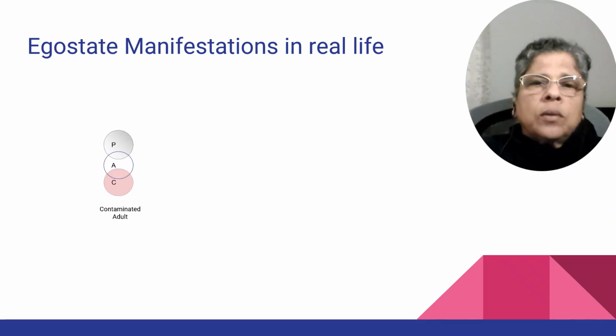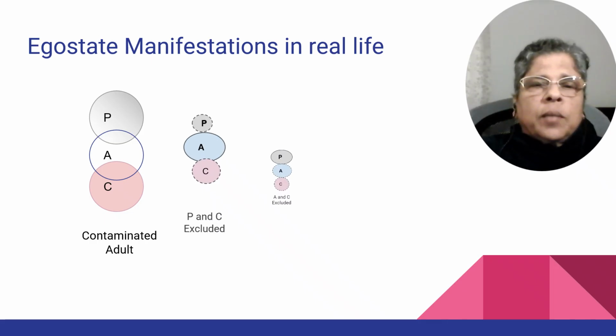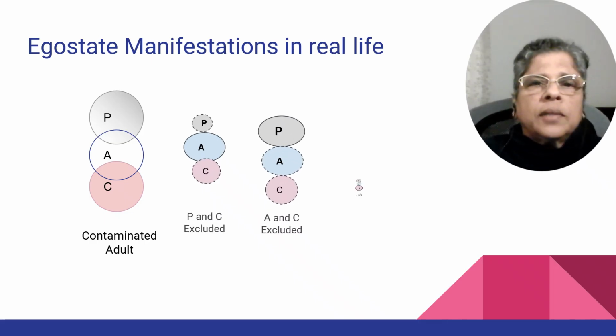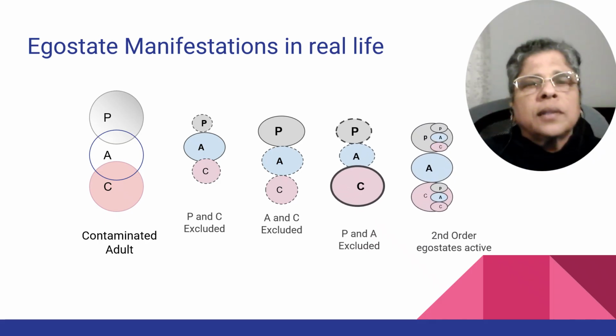Both the three ego state model and the integrating adult model are models, but this animated slide is showing you what are the real manifestations of ego states in ordinary life. There are multiple issues. There is contamination, there are exclusions, and multiple kinds of exclusions.